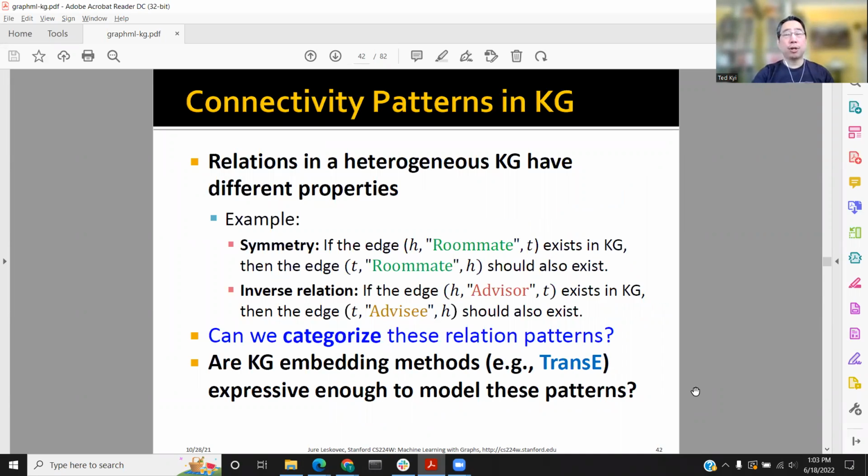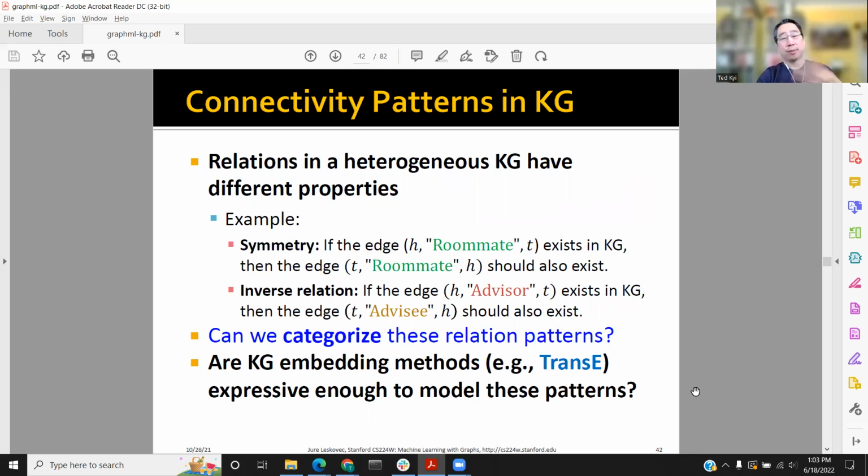So now what we're going to talk about are the different kinds of patterns between different relationships and how that may or may not cause you problems if you're trying to learn this kind of embedding.